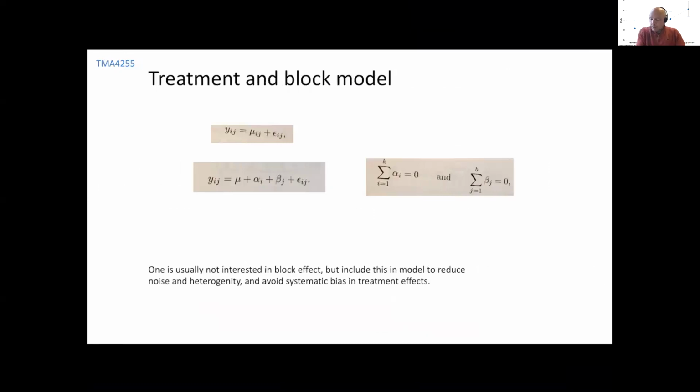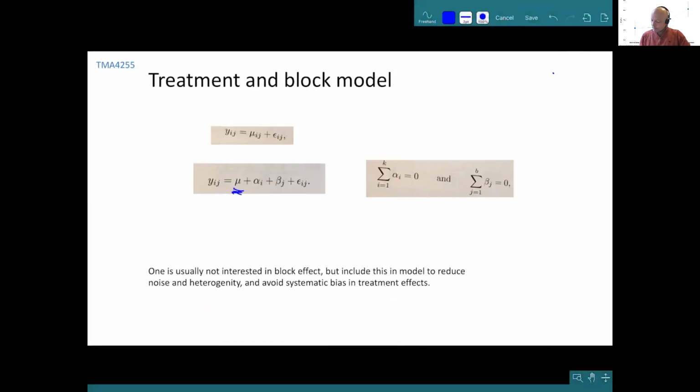So the blocking can then be written in an additive way, like we've done here. There's a grand effect that goes for every setup. Then we have this one, which is the treatment effect or the group effect.